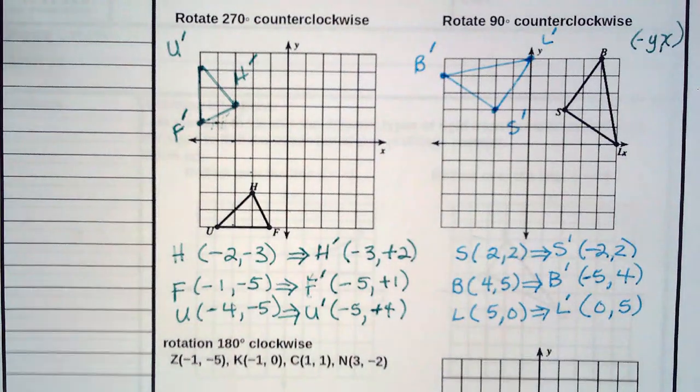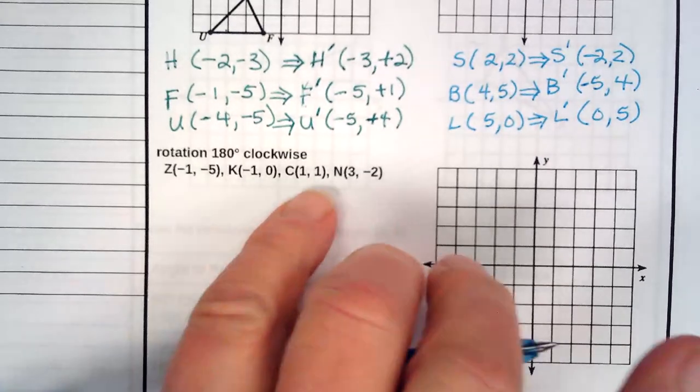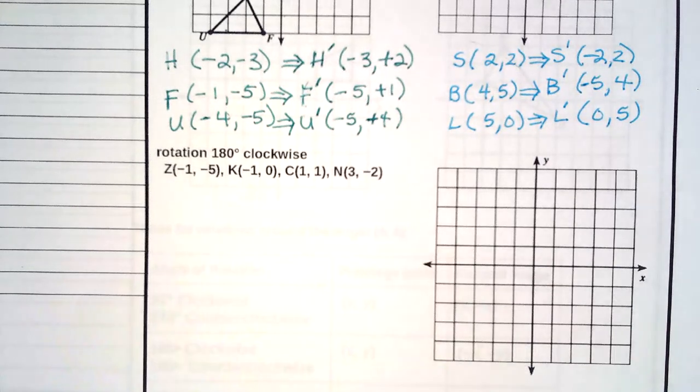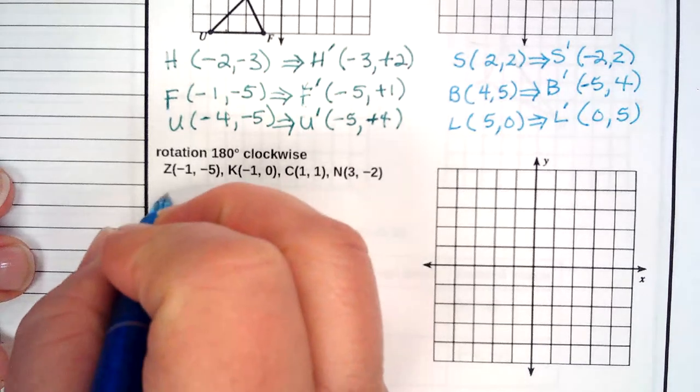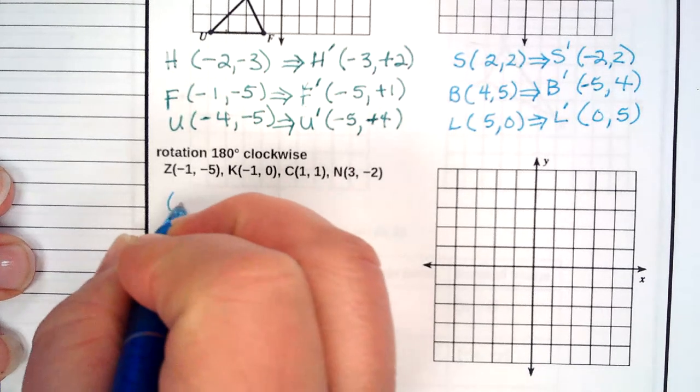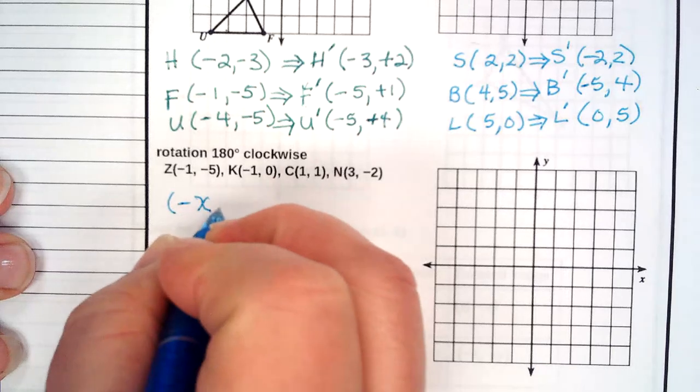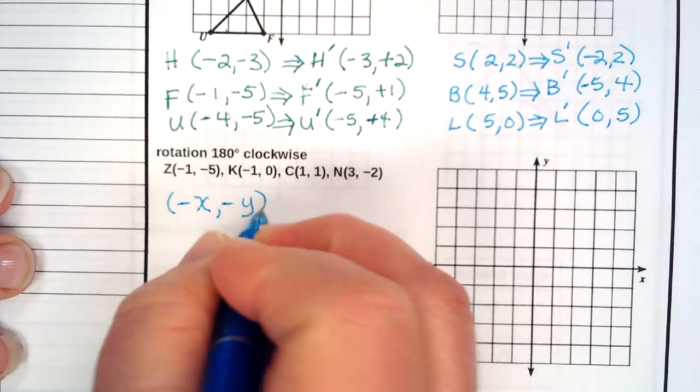Okay, for the next one, we're going to graph both the original points and their image after a 180-degree clockwise rotation. Clockwise, counterclockwise, doesn't matter. So what we do know is that it becomes the opposite of x and the opposite of y.